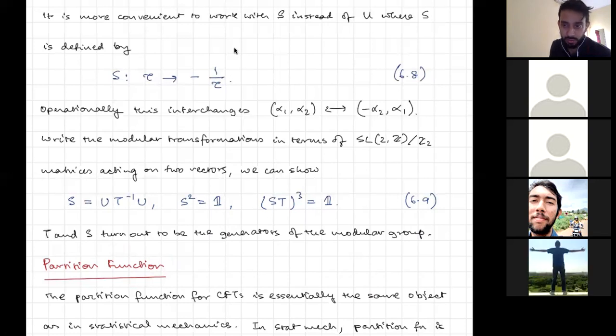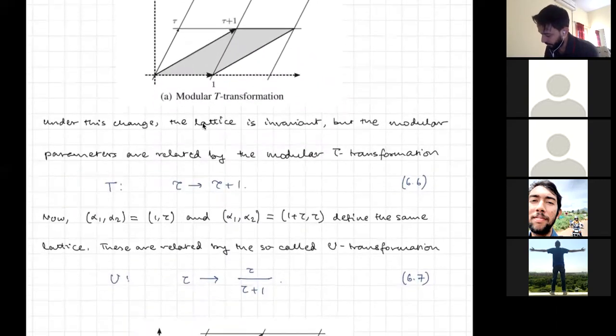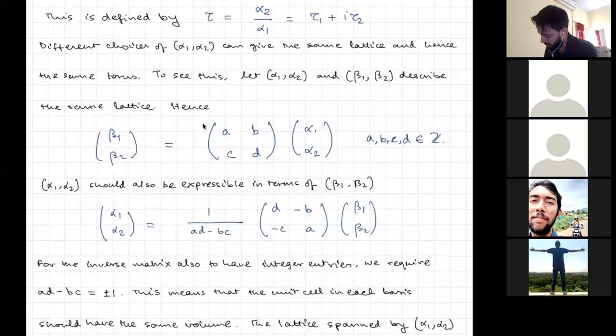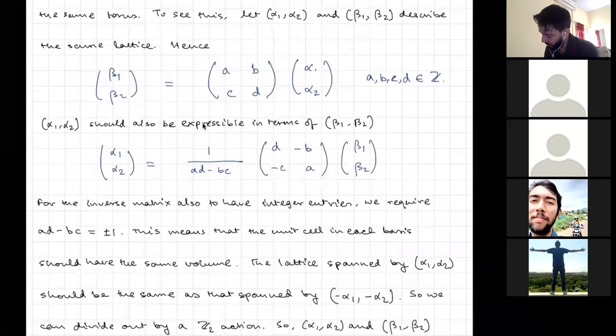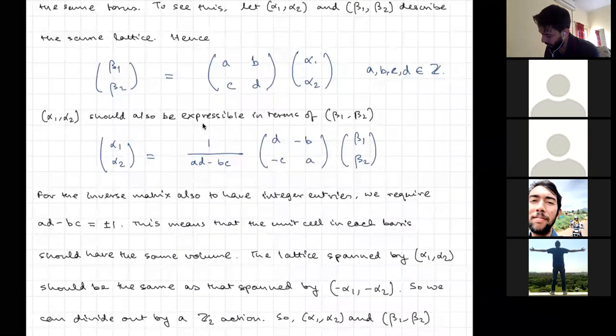Sir, can you go back to the previous slide? Sure. Slide before that. Okay. So all these ABCD transformations leave the lattice invariant, right? Yeah.